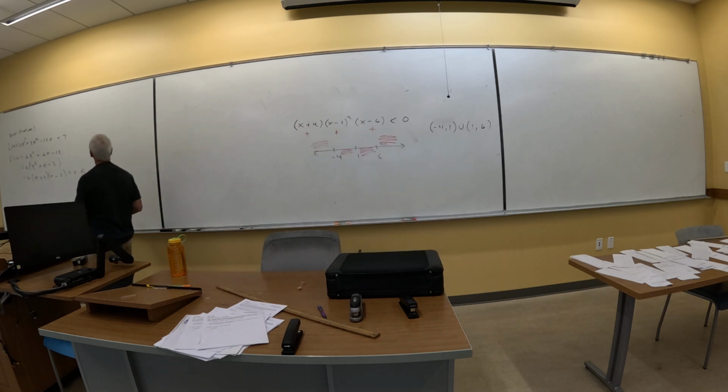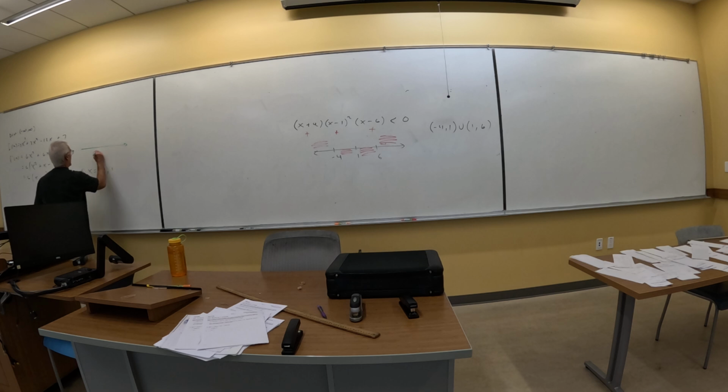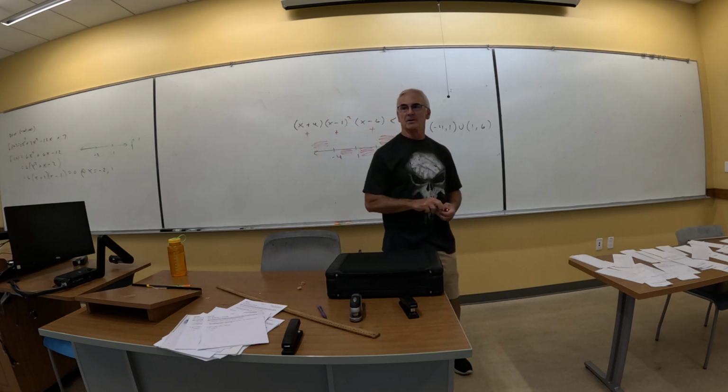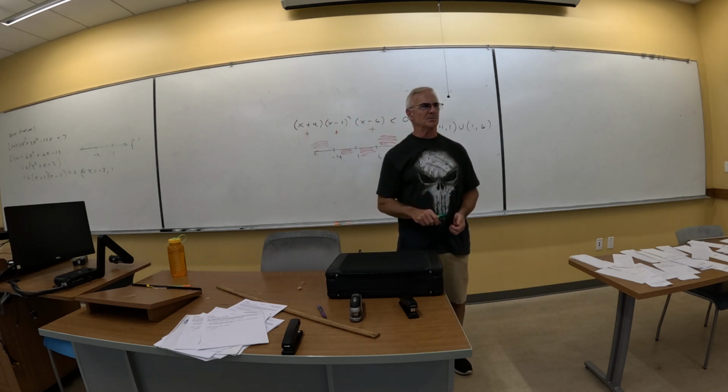I have an idea. Let's make a number line, and we'll call it the f prime number line. Now, how many places is the derivative equal to 0? 2. Why don't we put them both on here? And I'd like to know, when is my derivative positive? When is my derivative negative? Well, how are we supposed to figure that out?